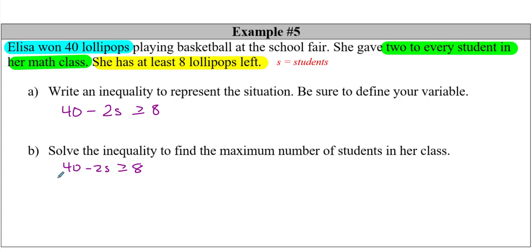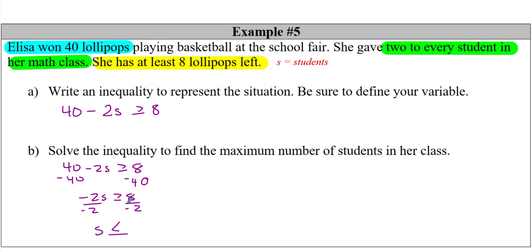So let's go ahead and solve this out. We're going to subtract this 40 from both sides. Minus 40. That gives me a negative 2S greater than or equal to 8. Look at this, we're dividing both sides by a negative. That means we need to flip this sign.